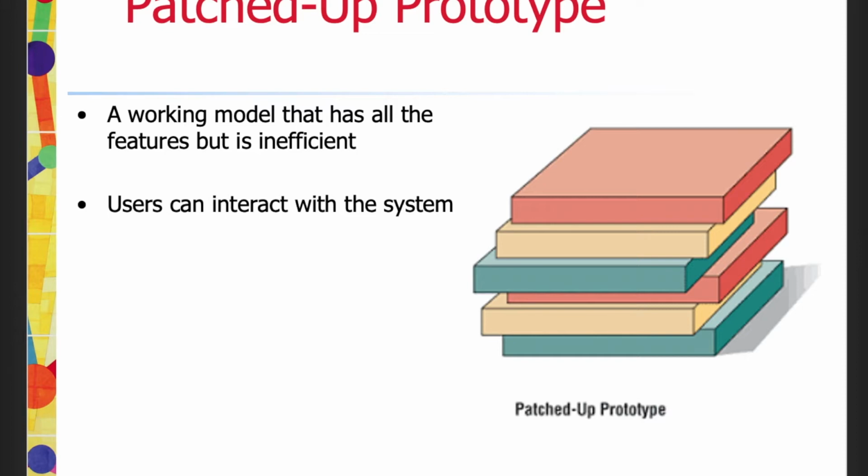So we include all the features in this prototype. However, all those features are considered not a working system. So the user can interact with a system even though it's not fully functional.